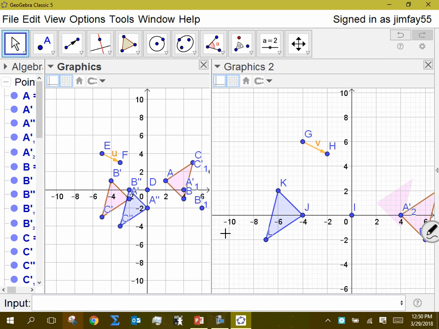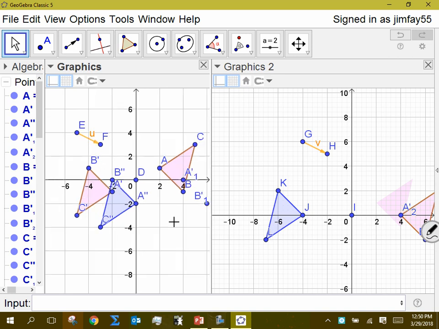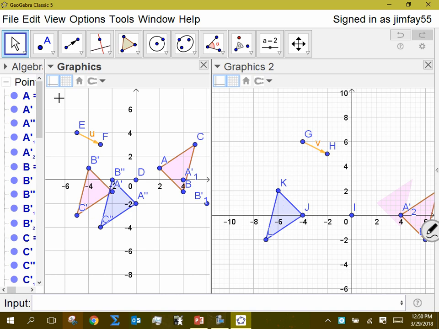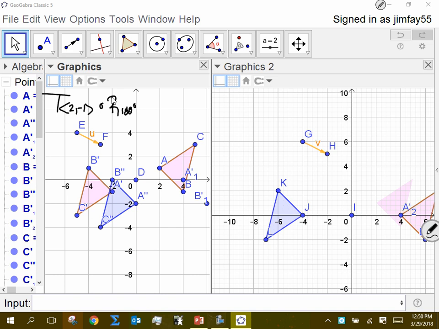Okay, so what I want you to understand here is that this composition on the left looked like that, okay?